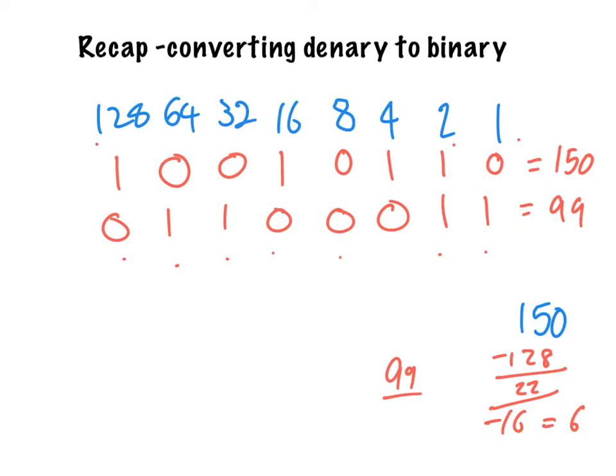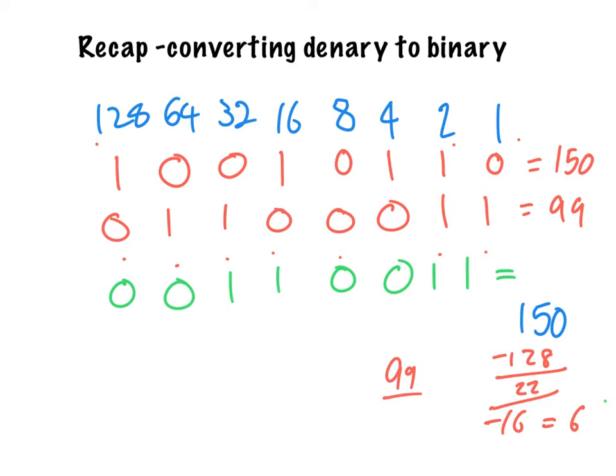Okay, so that's a little recap. If we started off with, say, a binary number and wanted to take it back, we could maybe do something like 0, 0, 1, 1, 0, 0, 1, 1. And we use the same principles.